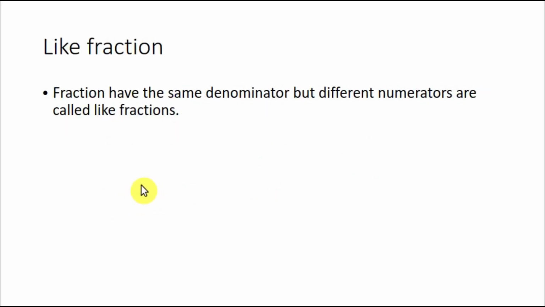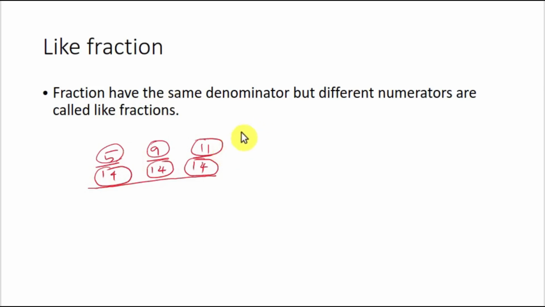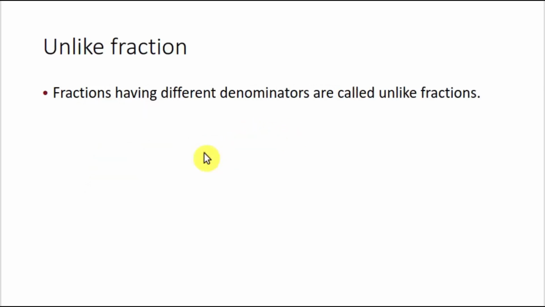Next, coming to like fractions. Fractions having the same denominator but different numerators are called like fractions. For example, 5 by 14, 9 by 14, 11 by 14. In these fractions, 14 is the denominator, 5, 9, 11 are numerators. Numerators are different, but the denominators are the same.